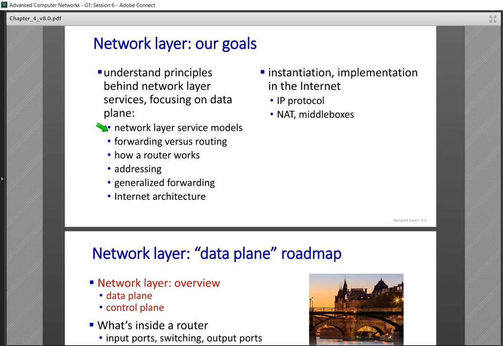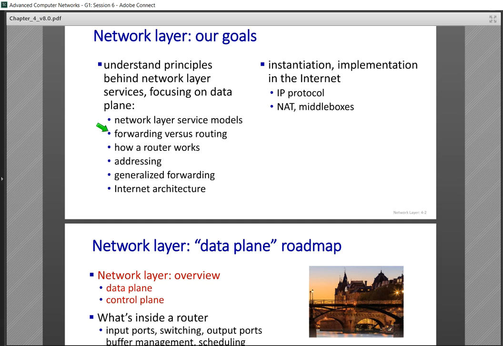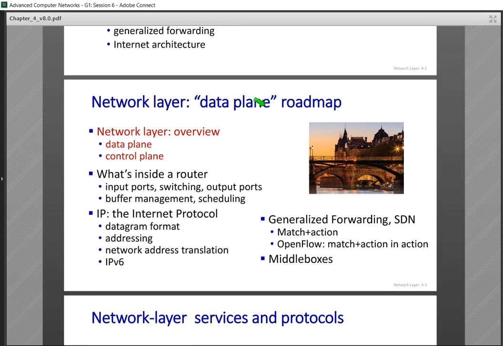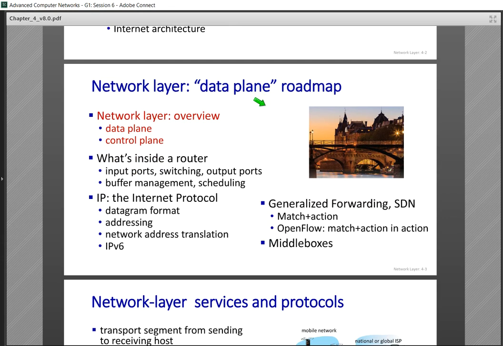Physical, data link, and the 3rd one is network layer. Here we want to talk about the network layer service models, forwarding versus routing, how a router works, addressing, generalized forwarding, internet architecture, and something like that. Talking about IP protocols and how we can use NAT in this layer. Okay.